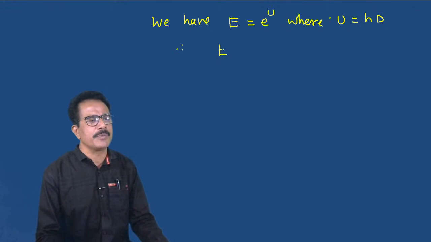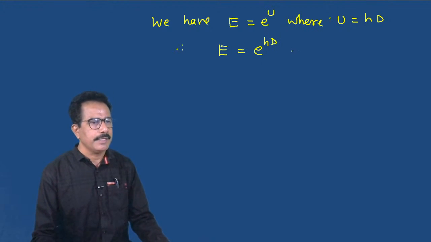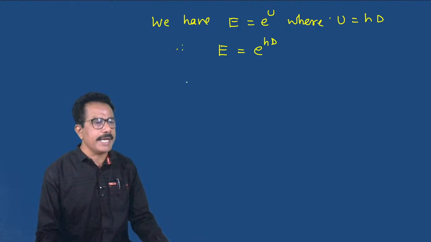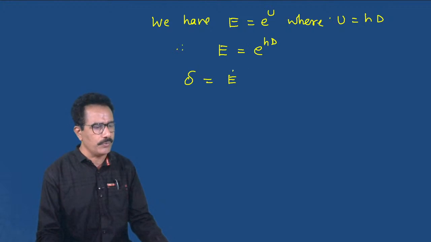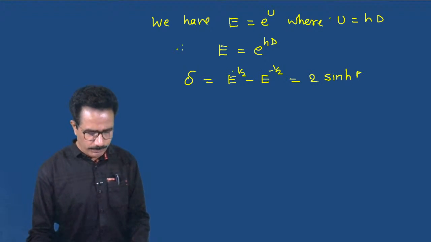Therefore we already proved E is equal to e raised to hd. So we can write again the relation delta E is equal to e raised to 1 by 2 minus e raised to minus 1 by 2, which is equal to 2 times of sin h u by 2.